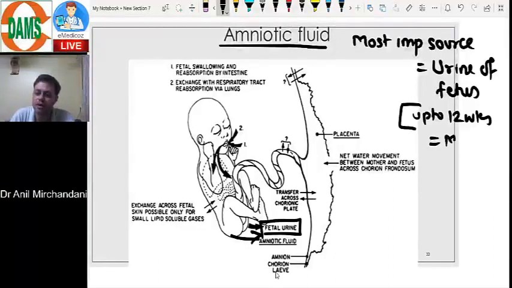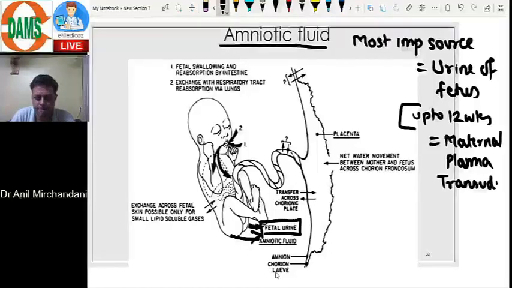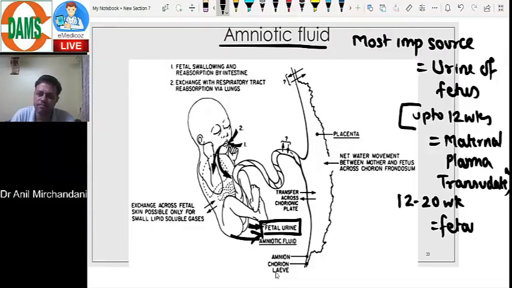It would be maternal plasma transudate. Then 12 to 20 weeks would be fetal skin. Yeah, skin is non-keratinized. Keratinization happens roughly at 22 to 25 weeks, and after that skin will not be the source of amniotic fluid.